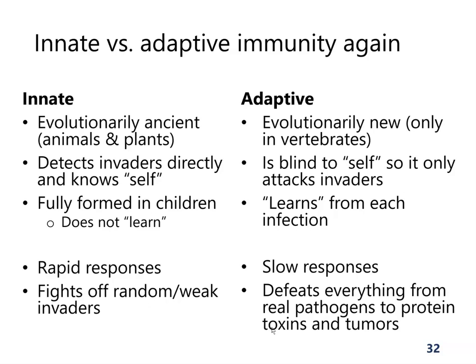Tetanus can kill you, but most people who get tetanus don't die. Most people who get tetanus are very sick for a long time, but then they recover, and that's because their adaptive immune system can actually defeat it. And the adaptive immune system takes care of a lot of tumors people have and prevents them from becoming cancer. The innate immune system can do that too, but the adaptive immune system has a really elegant way of doing that.